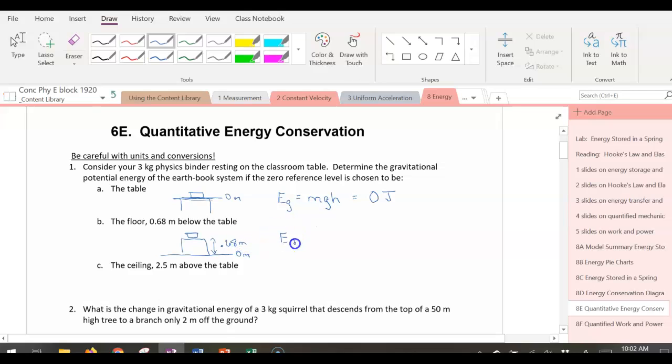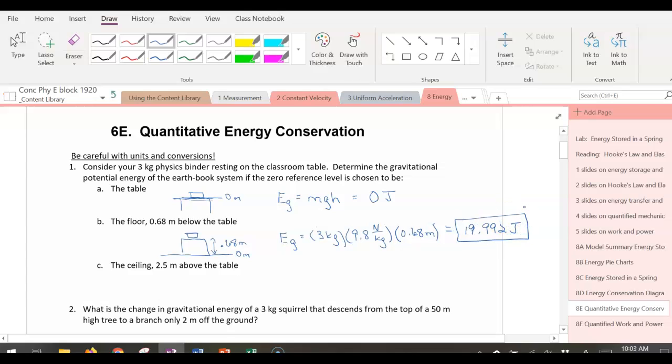So the binder's gravitational potential energy would be its weight, which is the 3 kilograms times the 9.8 newtons per kilogram, times its height, which is 0.68 meters. And let's see what that is. We get 19.992 joules.